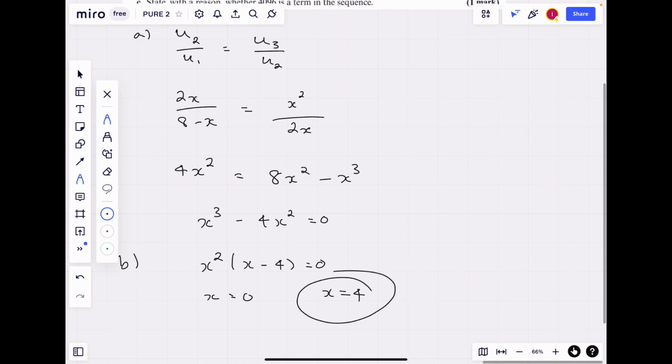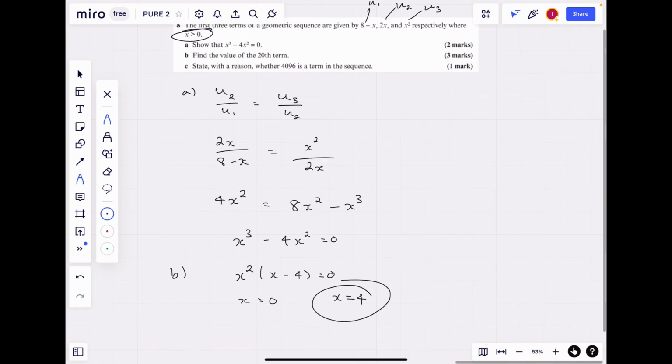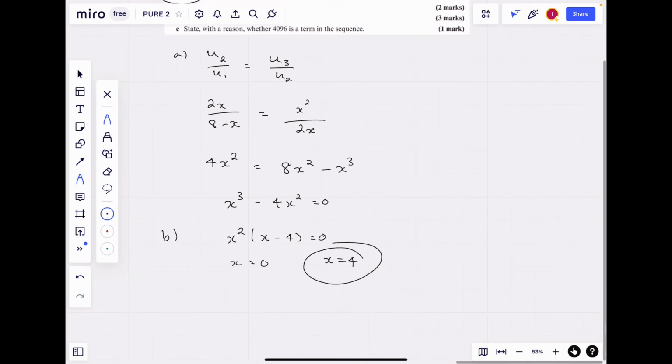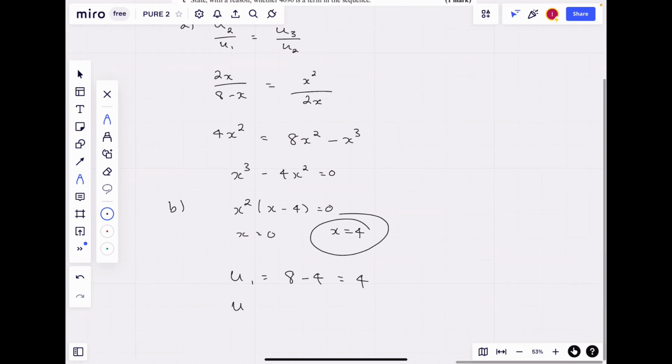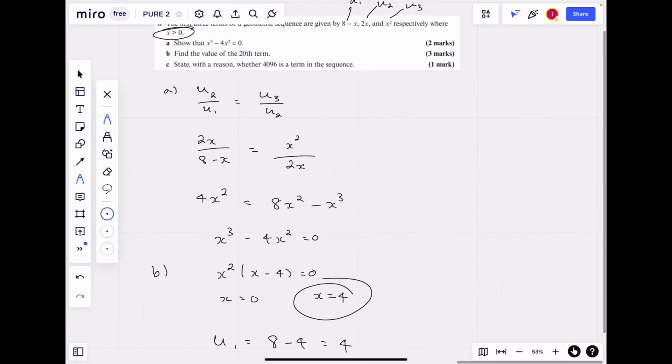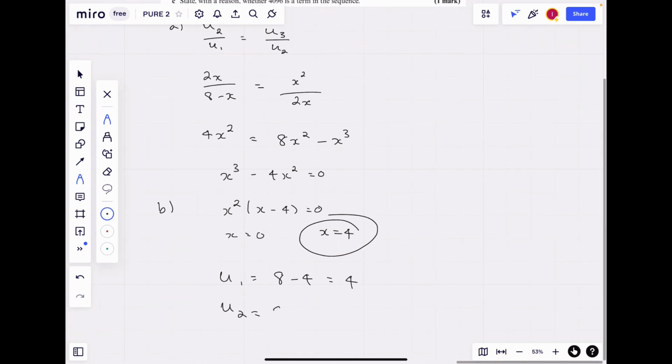So x equals 4 is our solution, which means our first term, u1, 8 minus 4, is equal to 4, and u2 will be 2 times 4, which is 8. To go from u1 to u2, we have to times by 2, which means a is equal to 4 and r is equal to 2.